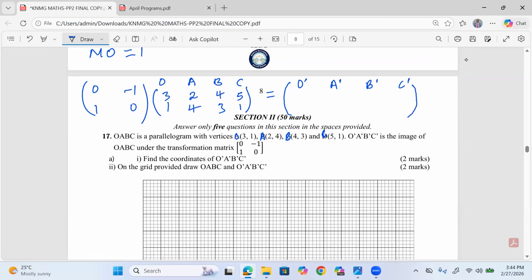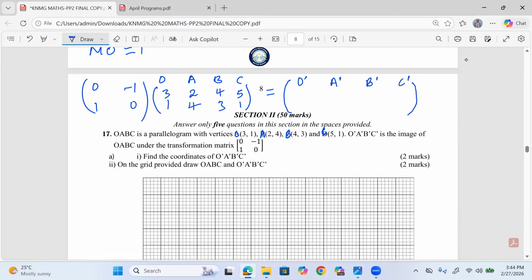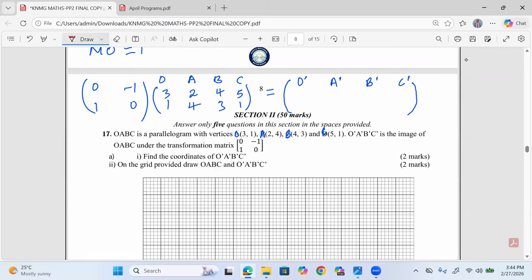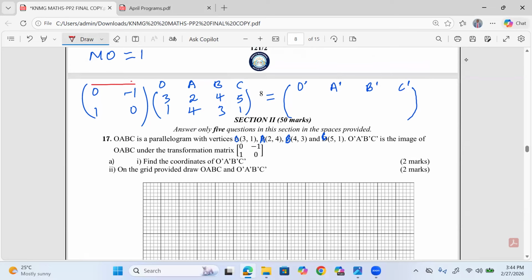So let's now get into the multiplication. We know very well to multiply matrices, you need to multiply a row times a matrix. So when we multiply the first row and the first column, we shall get the first element on the answer matrix.